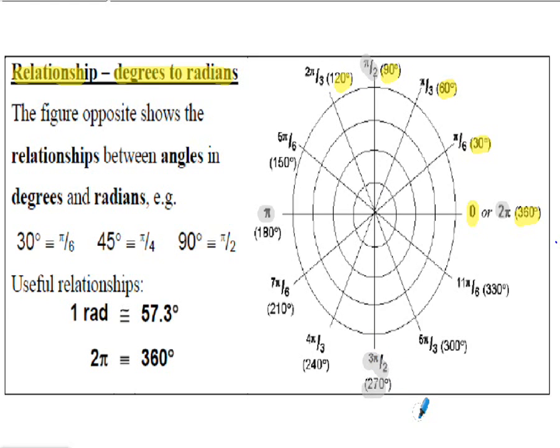If we now divide the 180 degrees into 6, we get 30 degrees, so dividing pi by 6, we get the 30 degree equivalent in radians.